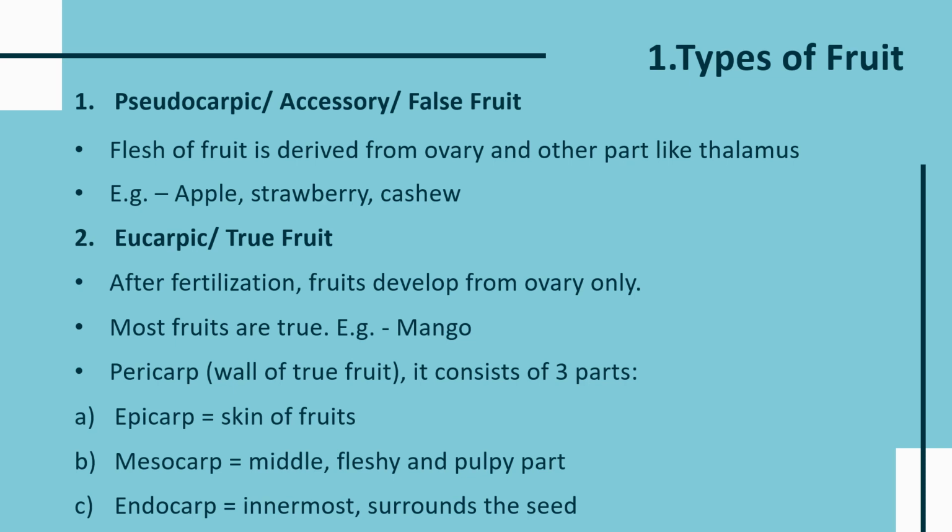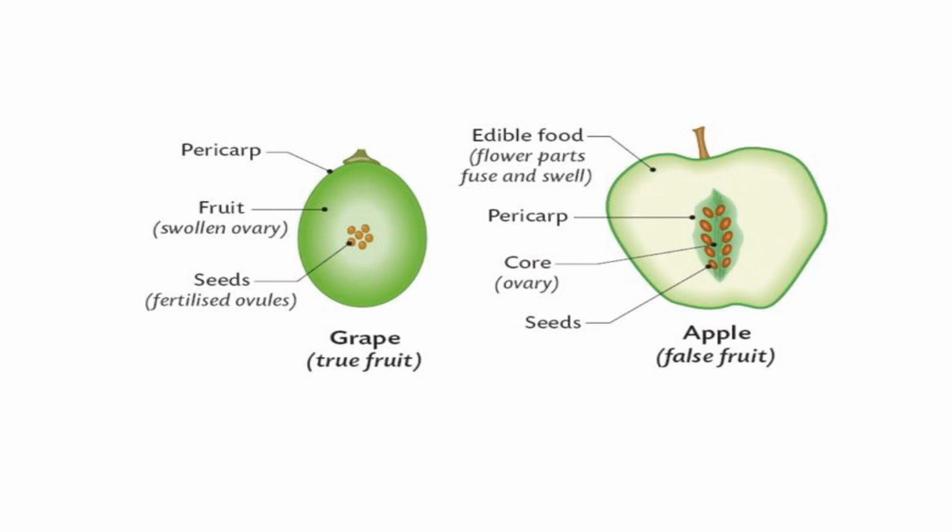The pericarp or wall of a true fruit consists of three parts. The outer skin of the fruit is the epicarp, the middle fleshy or pulpy part is the mesocarp, and the innermost part that surrounds the seed is known as the endocarp. As you can observe here, the difference between true and false fruit. We have a grape as an example of a true fruit, where seeds are shown here in the middle, and we have the swollen ovary part.